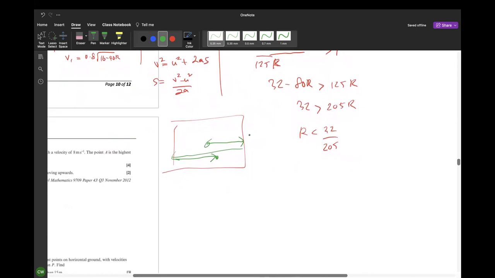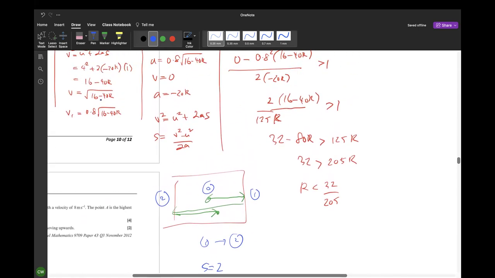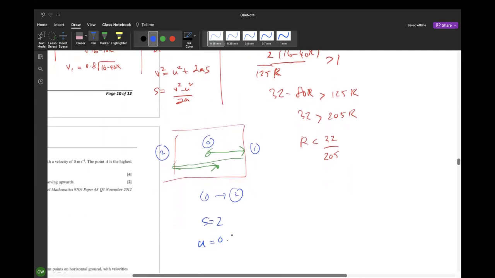Okay, so we need to consider this point to this point, 0 point, 1 to 2. Distance travelled becomes 2. Initial speed, this one. What is the final speed?